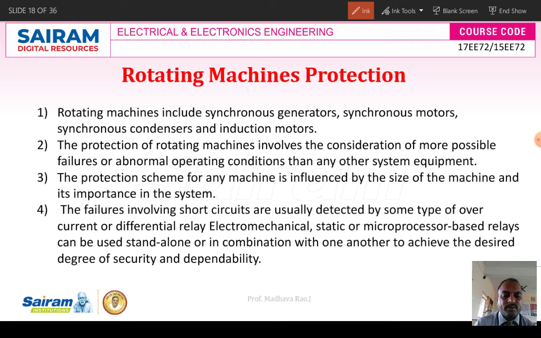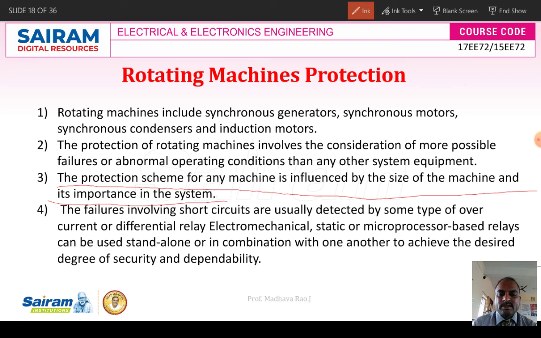Suppose it is a large motor. The protection scheme for any machine is influenced by the size of the machine and its importance in the system.